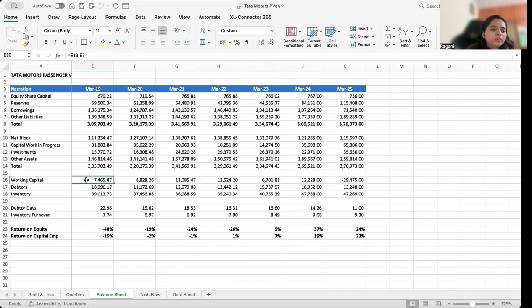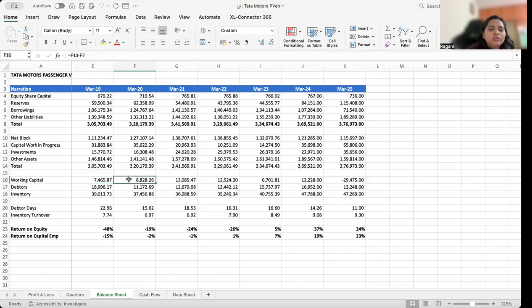Then I calculated working capital. For working capital, the formula is E13 other assets minus other liabilities.